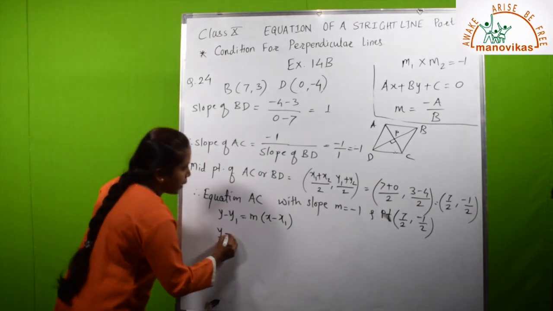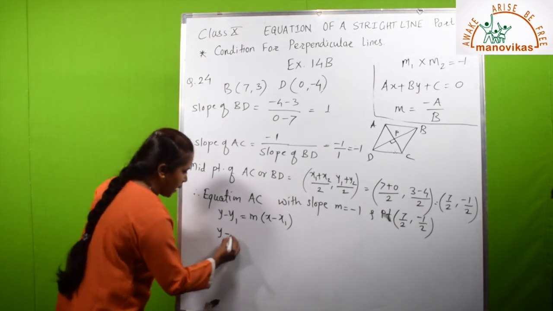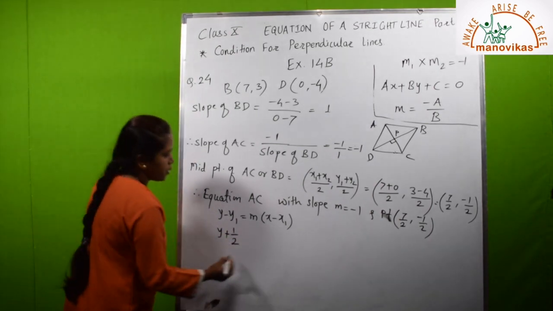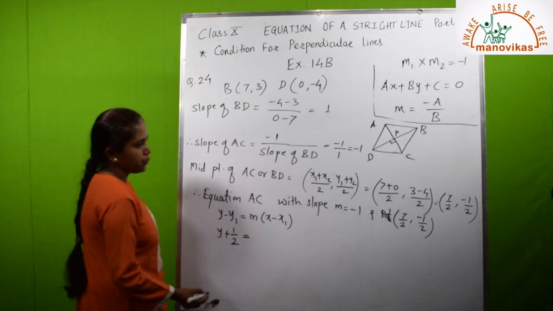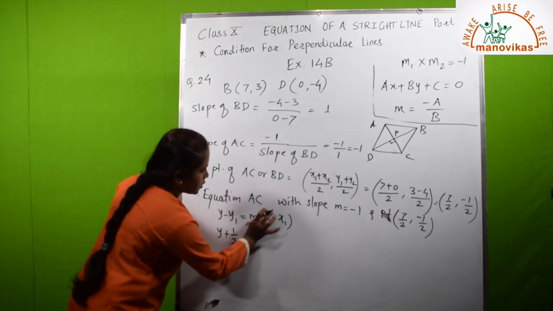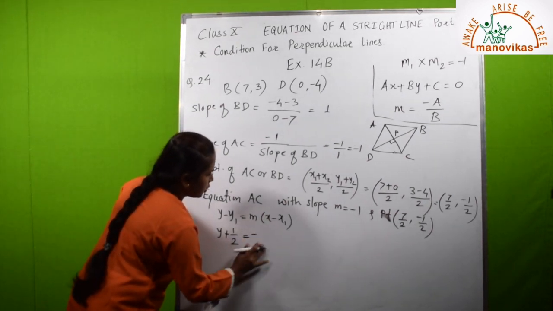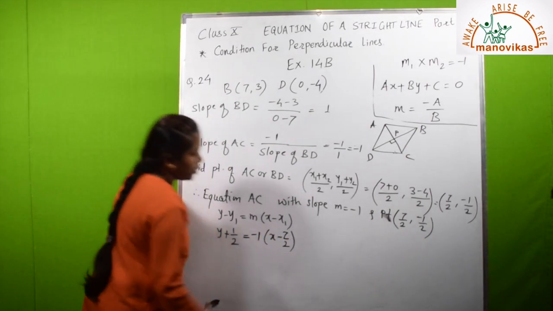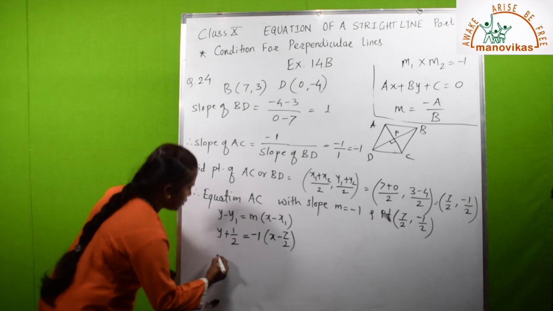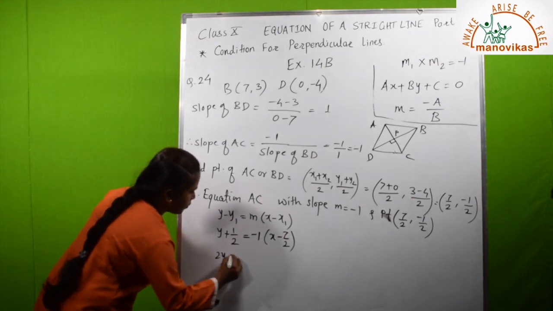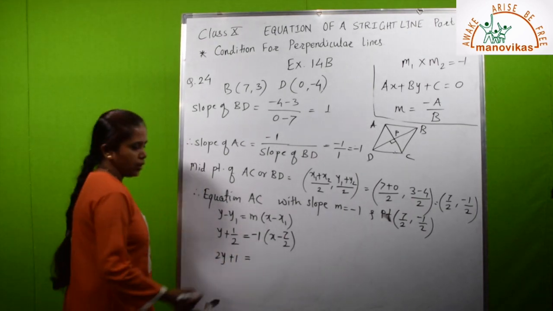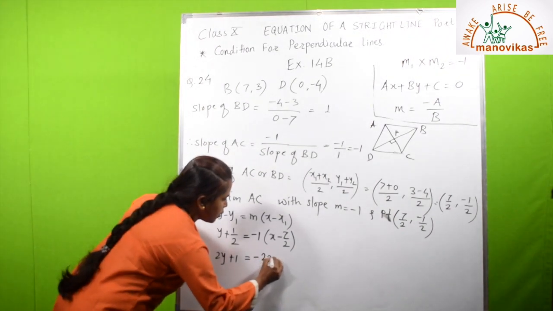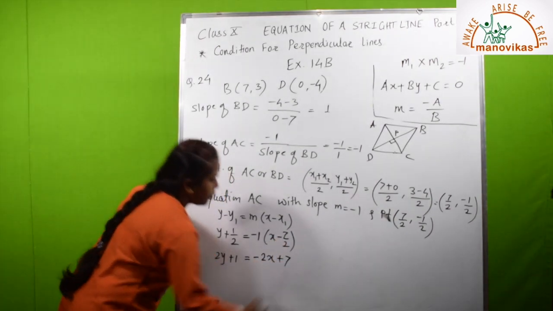So y minus y1 value is minus 1, so it becomes plus half, is equal to m, which is minus 1, into x minus 7 upon 2. So 2y plus 1 is equal to minus 2x plus 7.